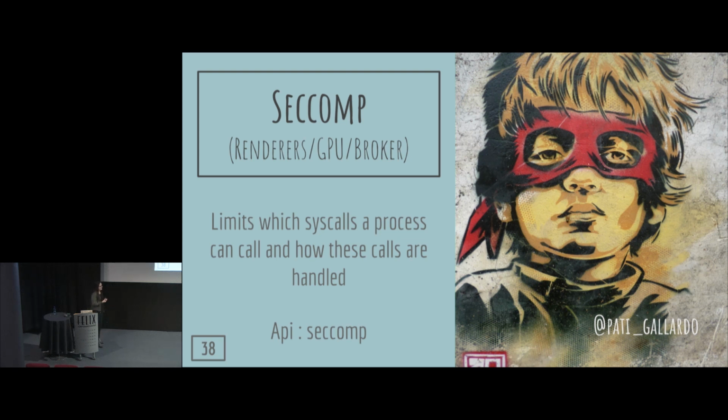And you have many different things that you can do. You can deny it, you can fail, you can say exactly how you want to fail. You can also inspect arguments. So you can say, okay, it should succeed if the third argument is null, but if it's not, then fail. And you can do this for all of the system calls.